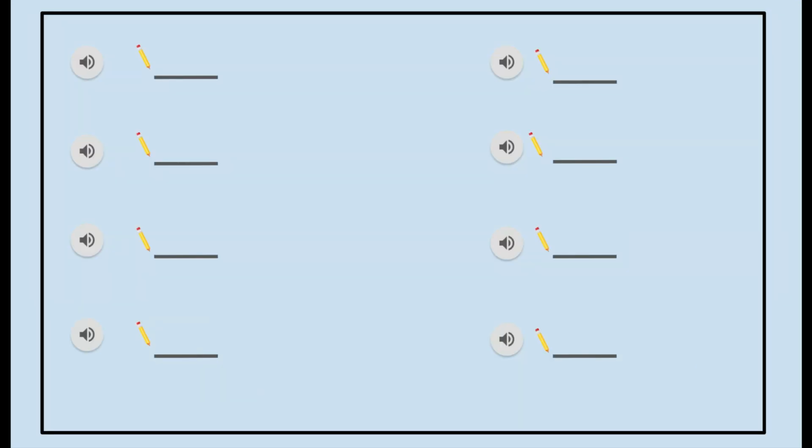Now you will hear 8 sounds. Write the letter that represents the sounds that you hear. Here's the first sound.